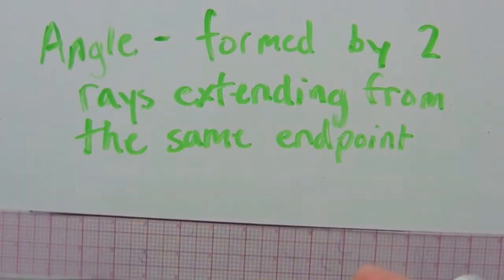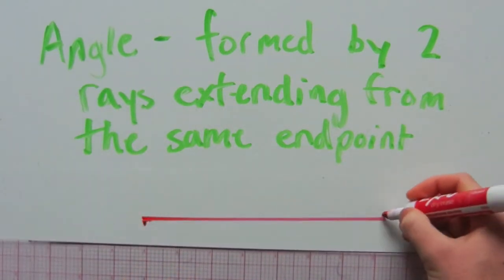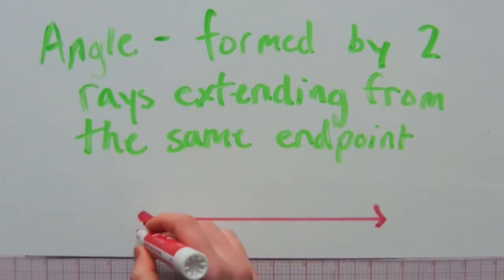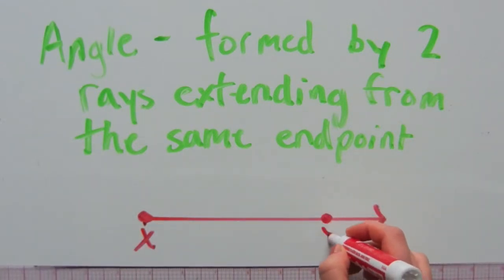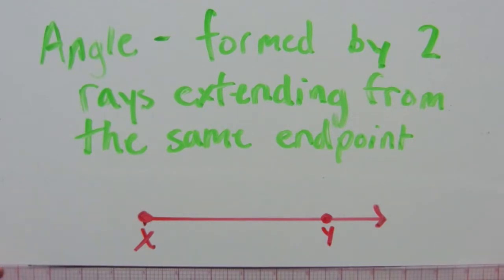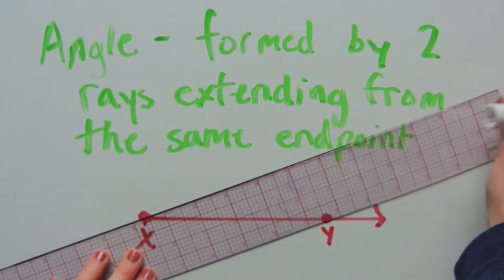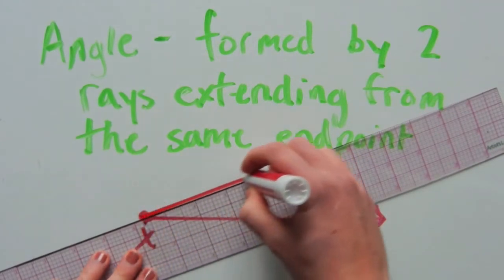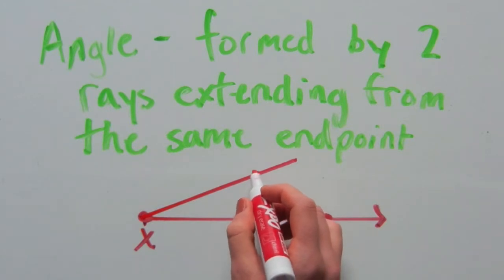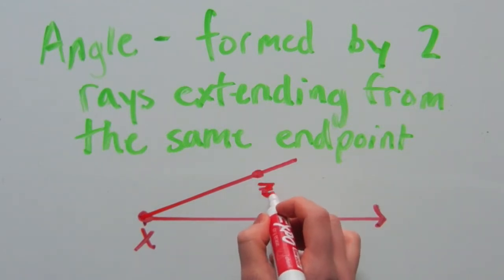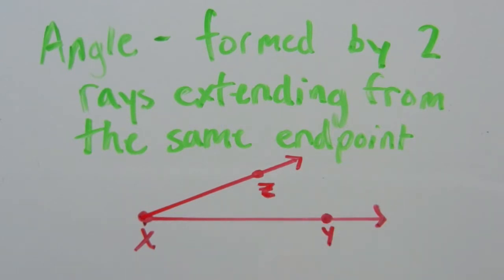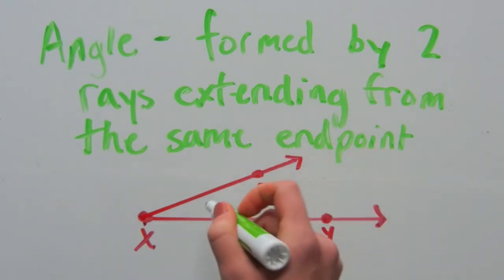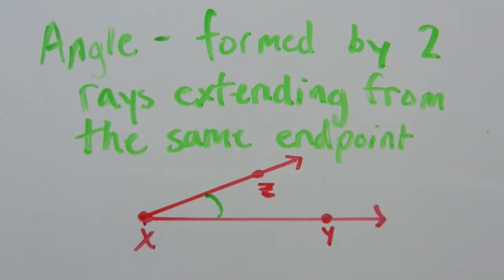Looking at that visually, if I was to draw one ray going this way, starting at point X and going to point Y, and I was to draw another ray also going from point X but through some other point, let's call this point Z, you can see these two rays extend or branch out from the same endpoint X, and they create an angle that can be measured in degrees.